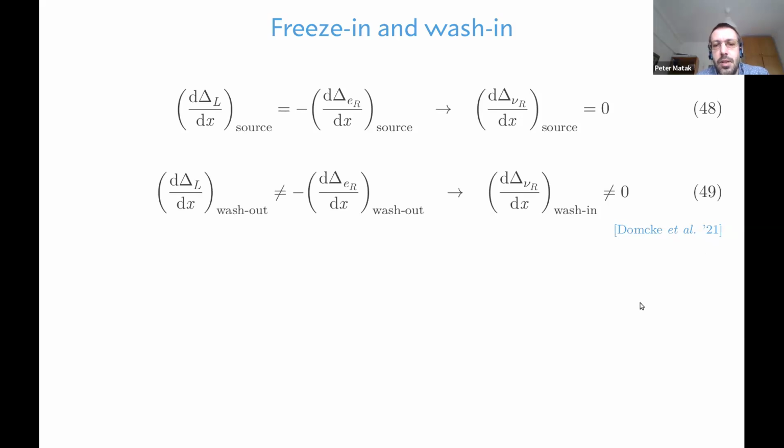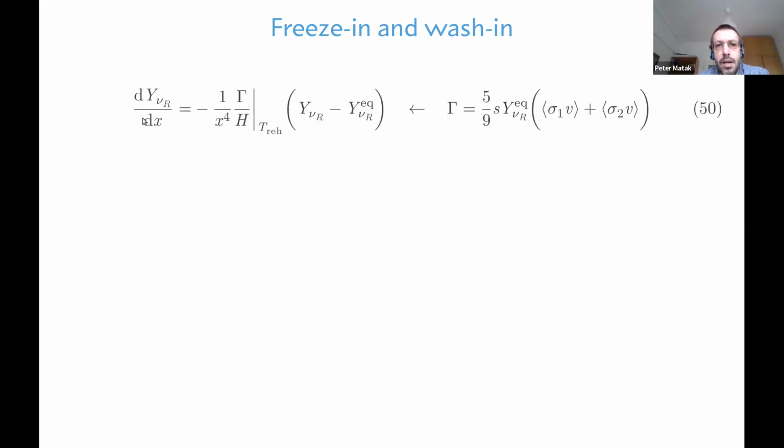Exactly, you have a vanishing or not large enough source term, and because of the differences in the washout terms, the asymmetry in the lepton number is washed in. Okay, so we are producing from negligible asymmetry. We have right-handed neutrinos produced via decay, or via scatterings from some 2-particle initial state to a right-handed neutrino and some other particle.